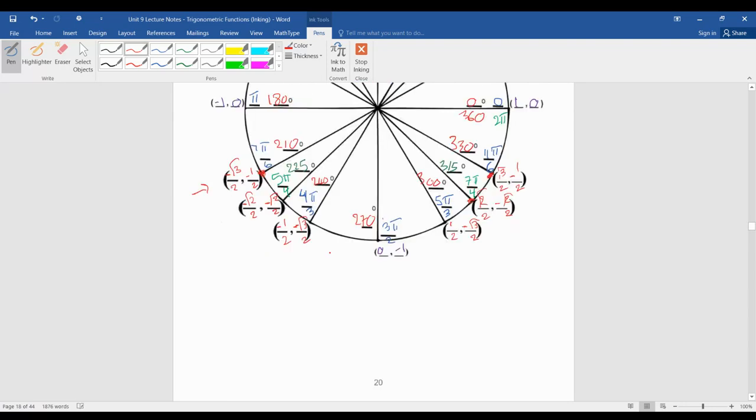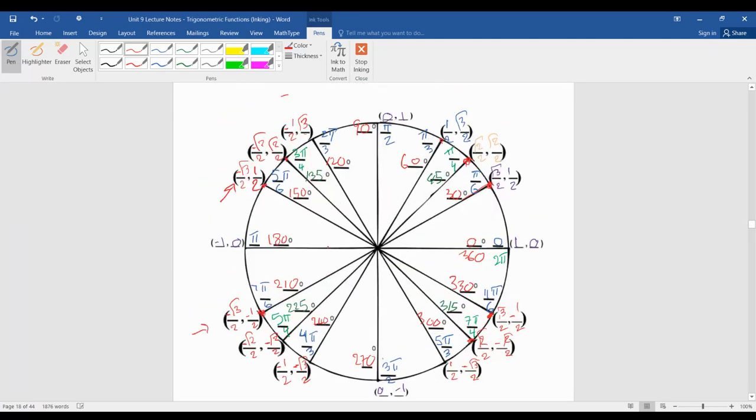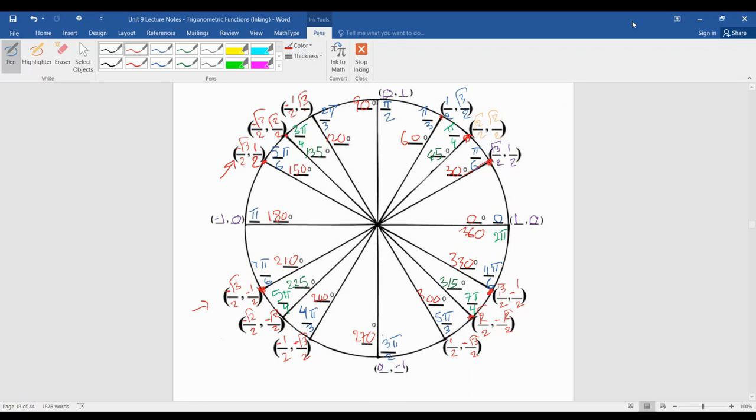Okay, tangent 5 pi over 6. So we got 1 pi over 6, 2, 3, 4, 5 pi over 6.